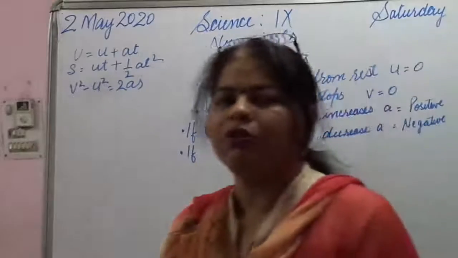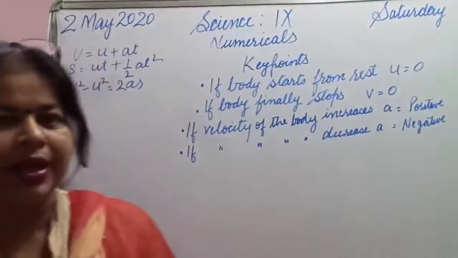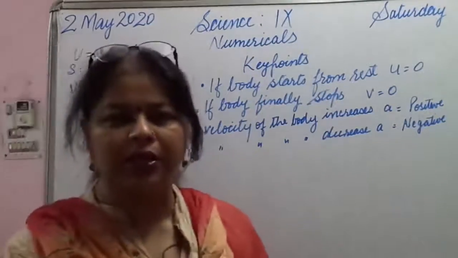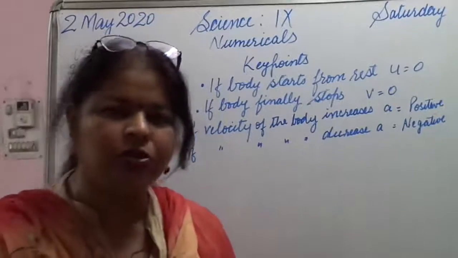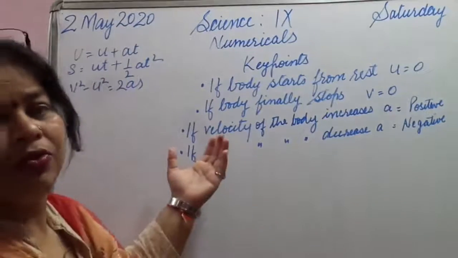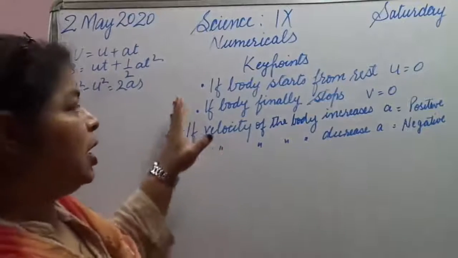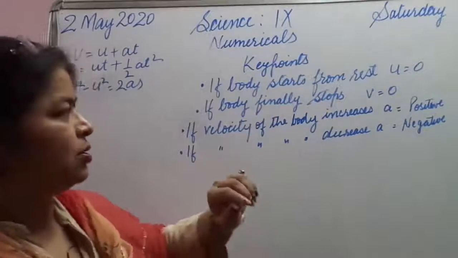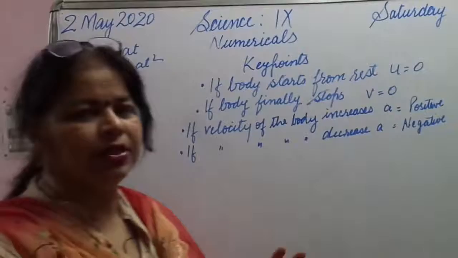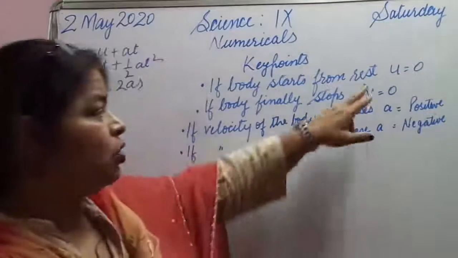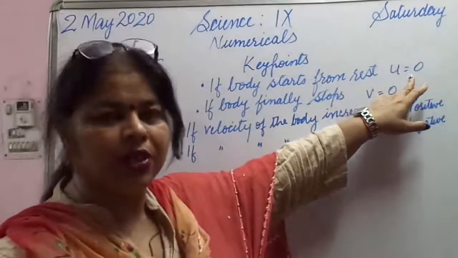So before solving some numericals, let us have some key points in our mind. Though we have done it earlier also, we are going to recall the concepts. See, if a body starts from rest, if an object is at rest and then it starts moving, then we are going to say that U is equal to 0.